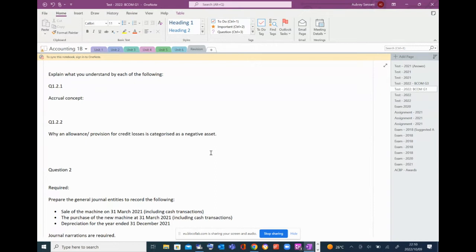Then the next one, what did they ask you guys? If you did not know your story, then this one was also going to be quite challenging. Why is an allowance or provision for credit losses categorized as a negative asset? Some of you, whenever I say why, you look at me like, sir, but why are you asking this?